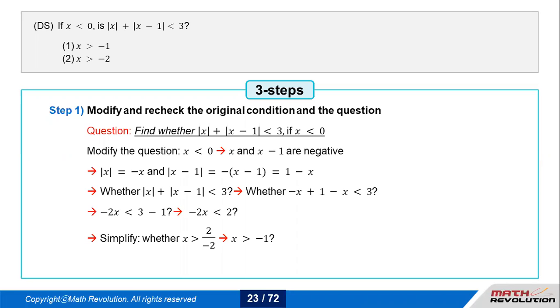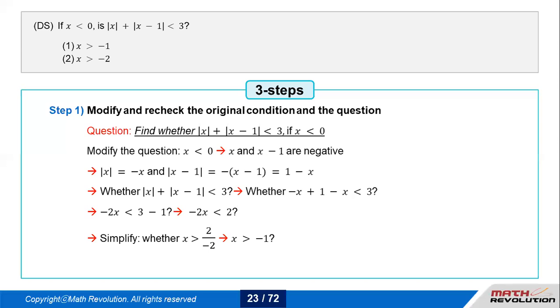So the question is asking whether mod of x plus mod of x minus 1 is less than 3. That means whether minus x plus 1 minus x is less than 3, which becomes minus 2x is less than 2. If I divide both the sides by minus 2, the inequality is flipped and it becomes x is greater than minus 1.